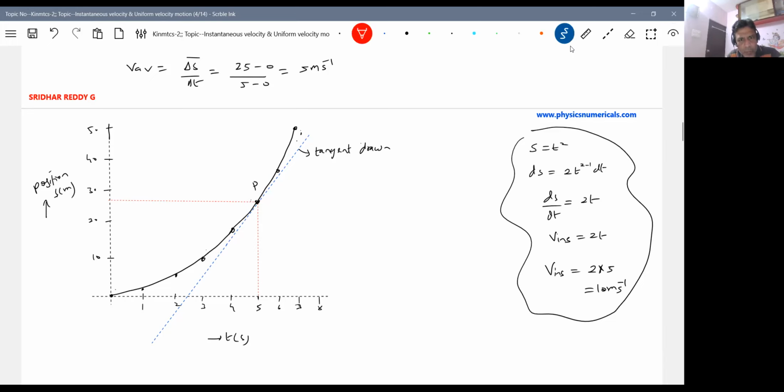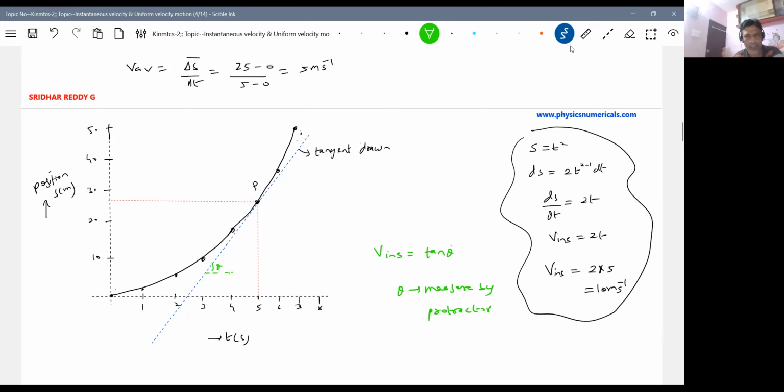How to calculate the slope? I think you know. So you can take protractor and measure this theta. This is nothing but V instantaneous, which is equal to tan theta. How to measure theta? Theta measured by protractor. Slope of tangent drawn at that instant corresponding to the instant at which you are calculating, that should be the instant velocity.